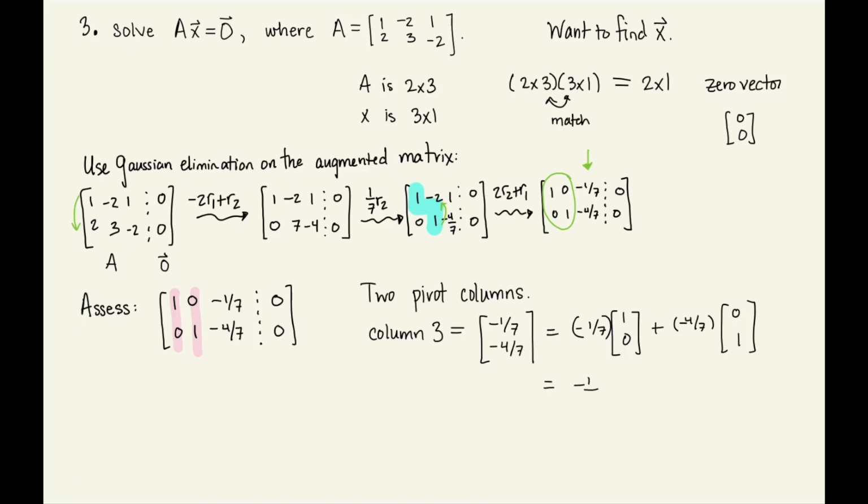So this is -1/7 column 1 minus 4/7 column 2.